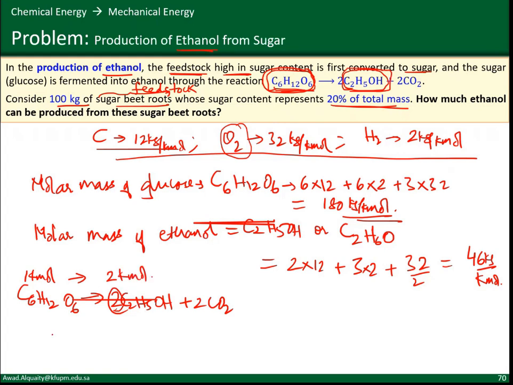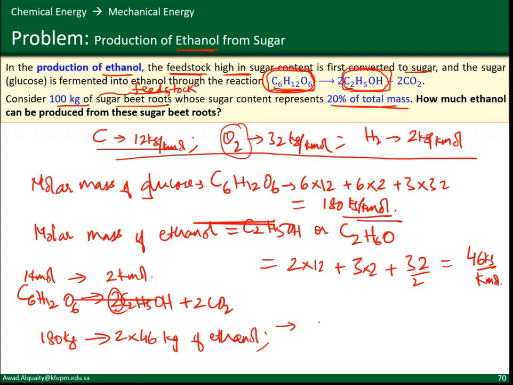Which means that if we have 180 kilograms of glucose, it's going to produce 2 times the molar mass of ethanol, or 2 times 46 kilograms of ethanol. This is the basic equation that we are looking for.